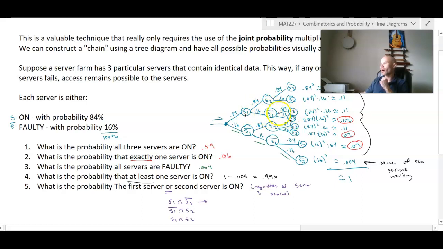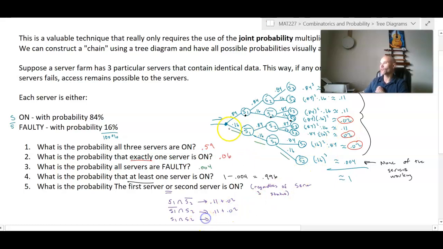S3 could be either on or off. So there's two outcomes where server 1 and server 2 bar, and that's 0.11 plus 0.02. That's the situation where server 1 is on and server 2 is off. There are two possible outcomes for server 3, neither of which is specific in this problem. Then there's server 1 is off, server 2 is on. Again, no indication of what's happening with server 3, so that's another 0.11 plus 0.02.